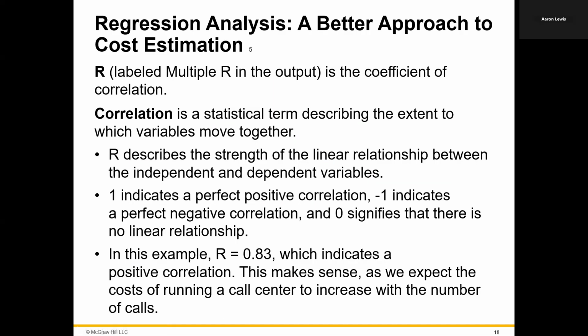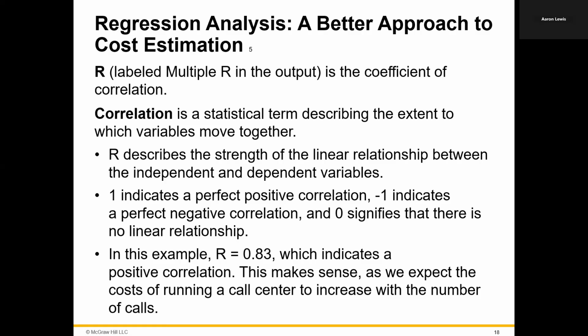R by itself, or multiple R, as Excel says, is just a measure of the strength of the relationship and also the direction. So if your R is +1, that means that for every unit of X increase, every additional unit of your predictor variable, your response variable is going to increase proportionally.